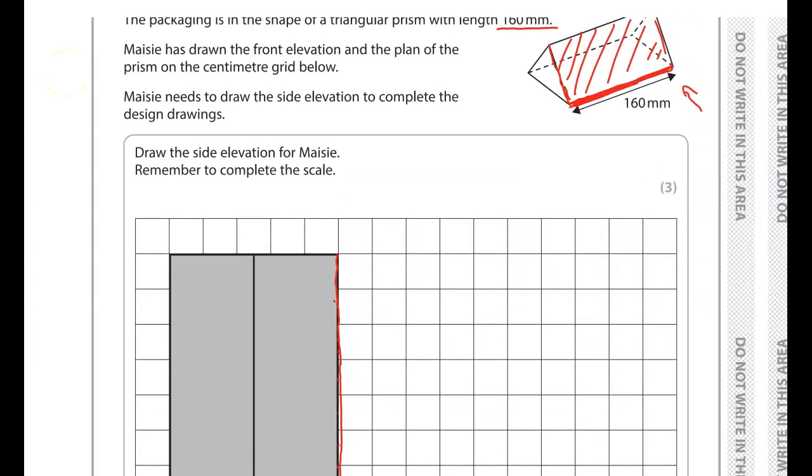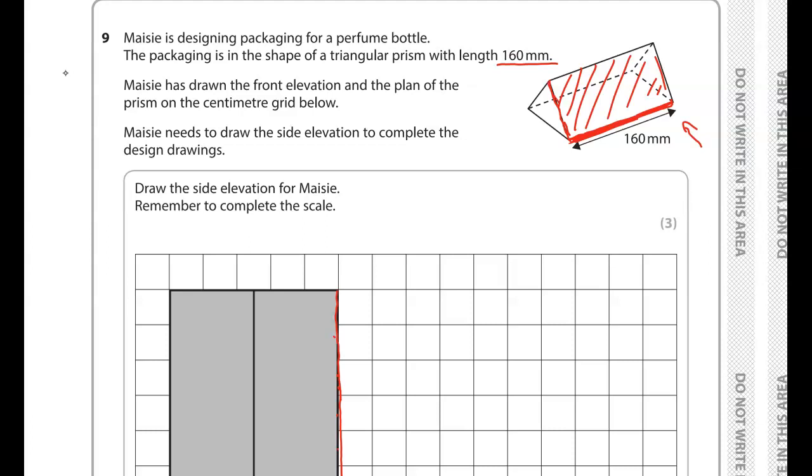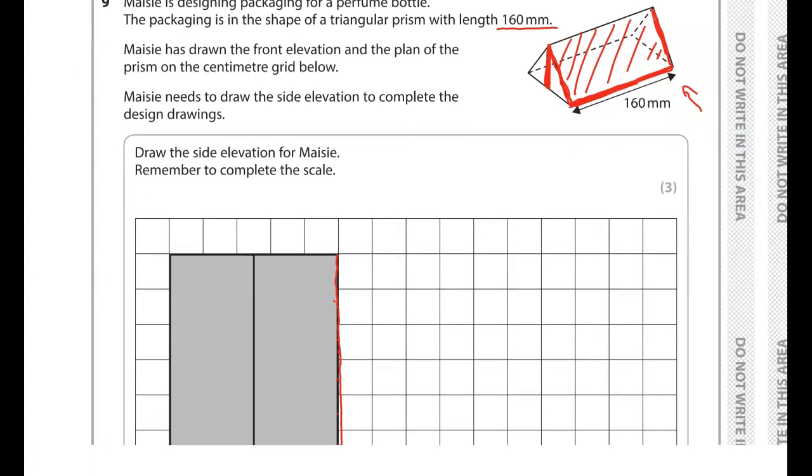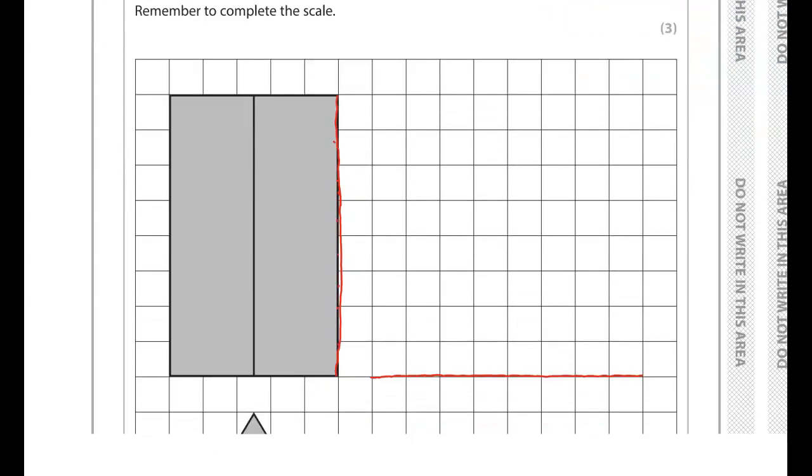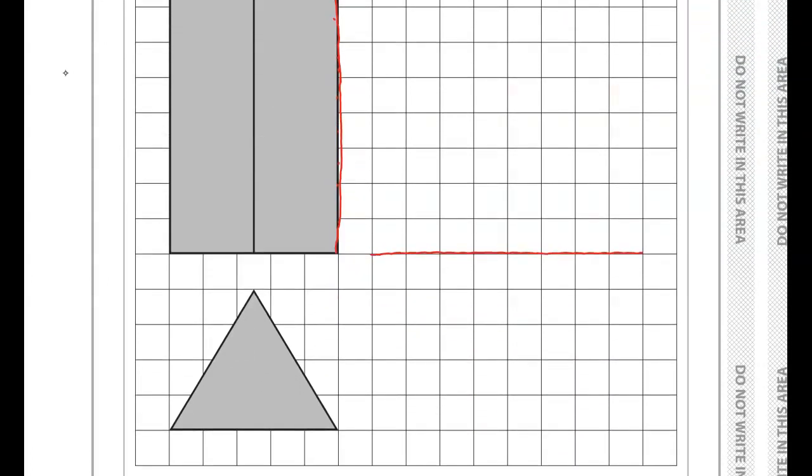And in terms of the width, these two lengths here, when you look at them from the side, are going to be as high as this. So where can we find that height? And that's here, as you can see.